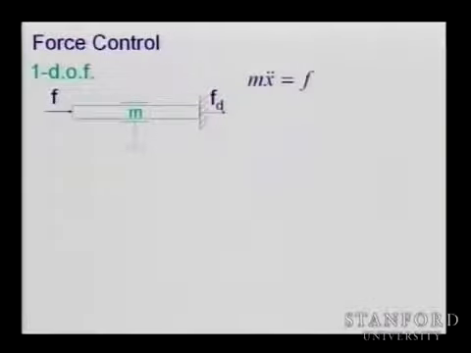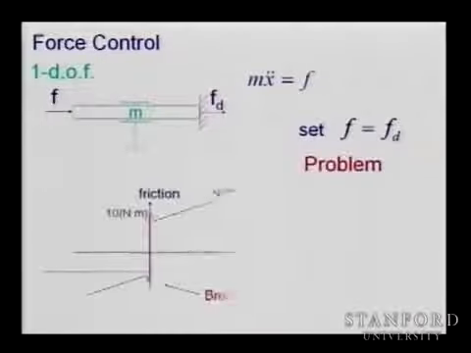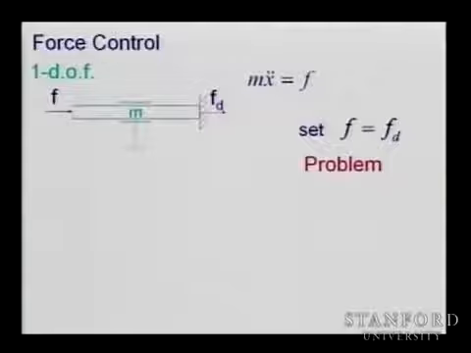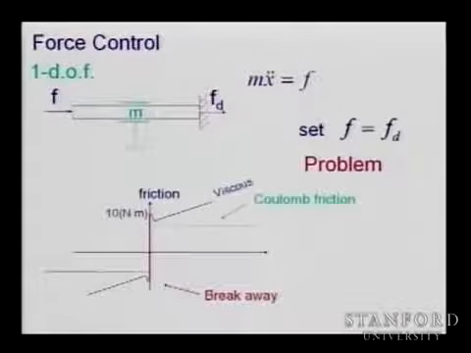Now, for really dealing with the problem of force control, you need to be able to sense the force. And the reason is, if you think about it, let's say I would like to control some F desired. If we just set the control force to the desired force, we will see that actually the robot is not even moving. And the reason for that is the friction.